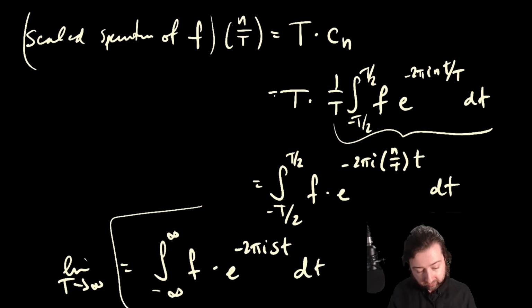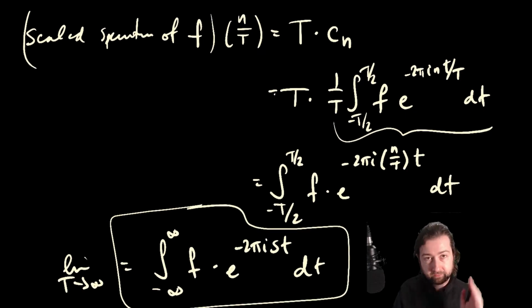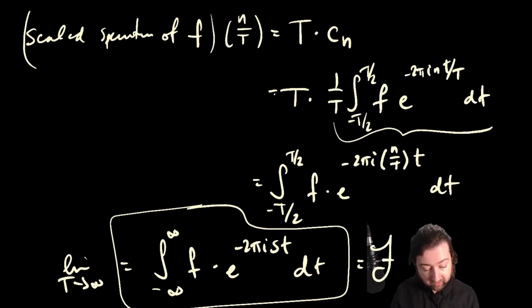And this object right here, that is the Fourier transform of f. And we usually write it something like script F of f. And the variable of the Fourier transform of f is not t anymore because the t disappears in the integral. It's a function of s. So we Fourier transform a function from the time domain into the frequency domain. And if that function is not periodic, this is the formula that we use.